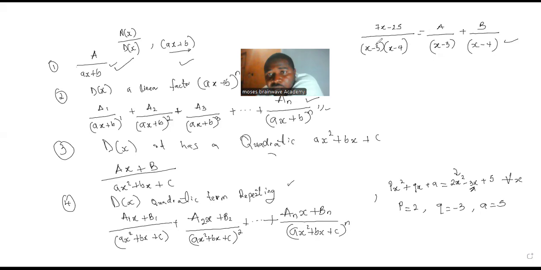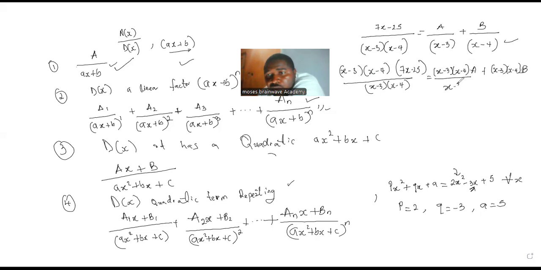You multiply everywhere by this. So we have x minus 3, x minus 4 upon x minus 3, x minus 4, multiplying 7x minus 25. Then we multiply here also x minus 3, x minus 4, a plus, we now have x minus 3, x minus 4, b.